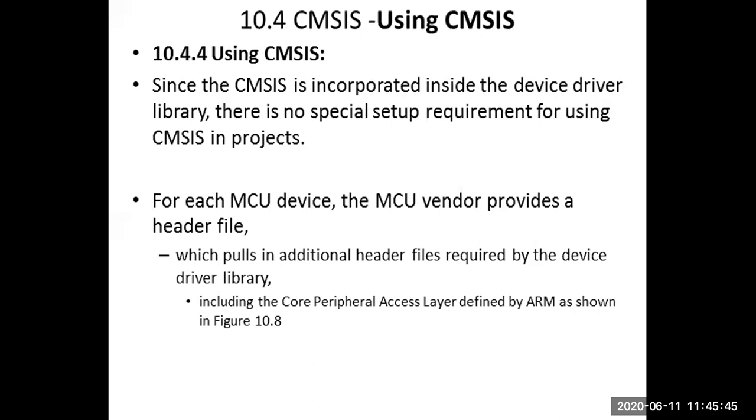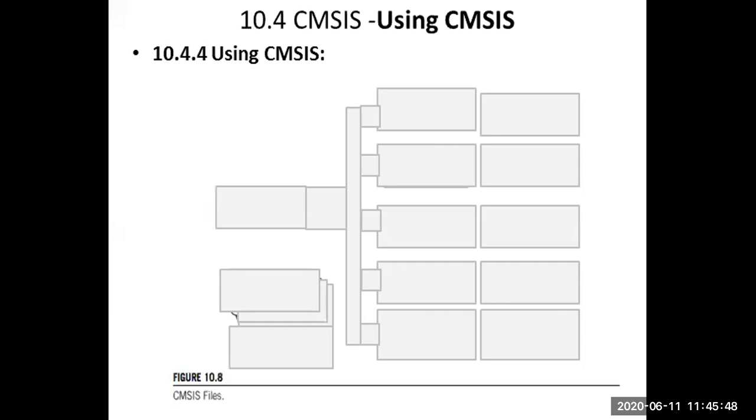We will try to construct the organization of the CMSIS header files. What is the list of files? The device header file will be consistent. The first one is the header file called device.h. Whatever header file you include should be within angle brackets.